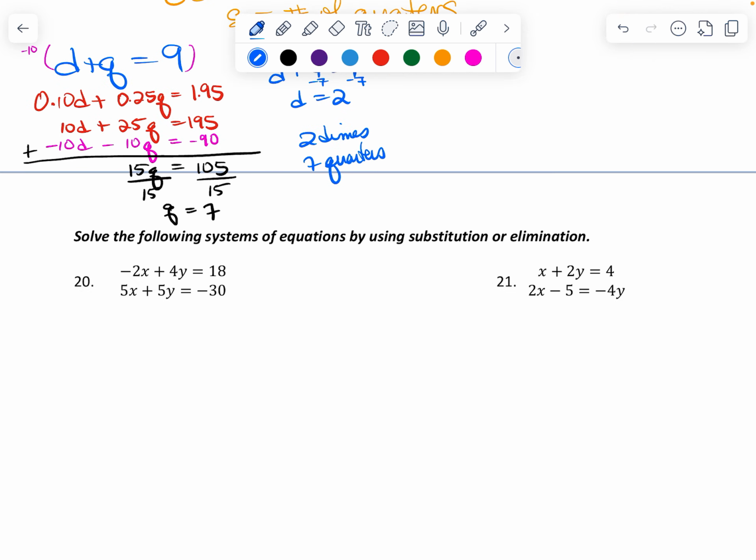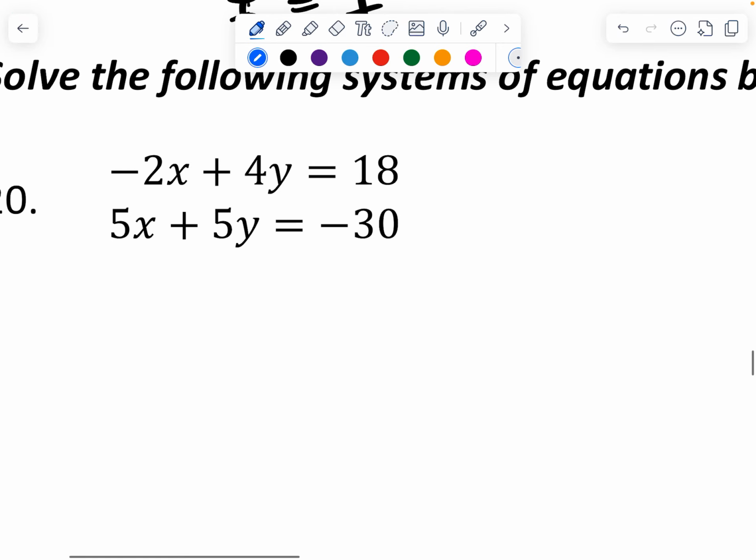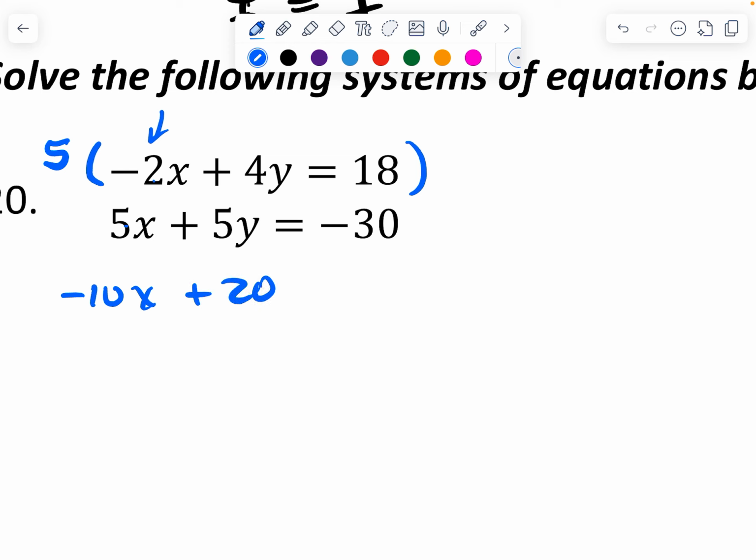Okay, elimination. Well, none of these are going to cancel out. So this already has a negative on it, so I'm going to use x's. Does it matter? No. So 2 times 5 is 10, so that's what our common multiple is going to be. So I'm going to multiply this by 5 and get negative 10x plus 20y equals 90.